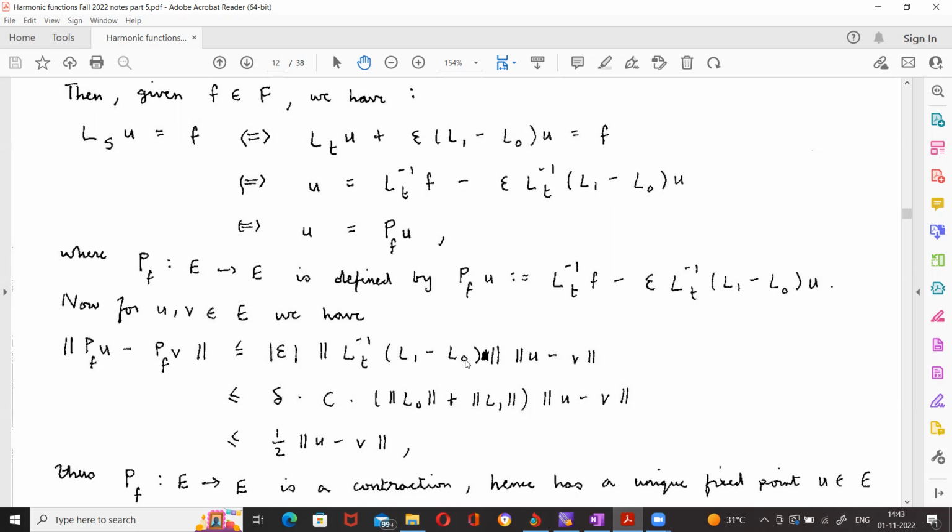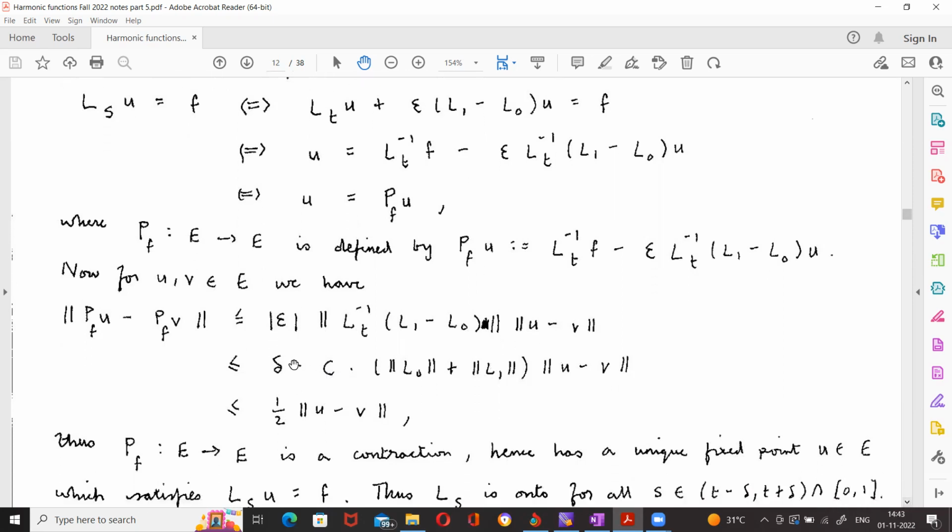And by hypothesis, norm of LT inverse is less than this constant C. And mod epsilon is less than delta, right? So we get delta times C times (norm L0 plus norm L1), right? Okay. And so by our choice of delta, this constant is less than a half.